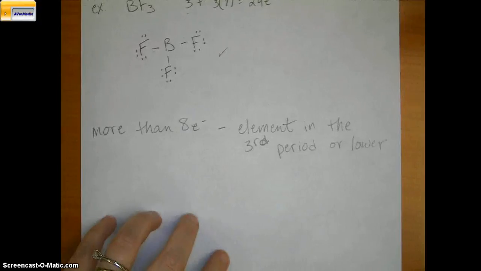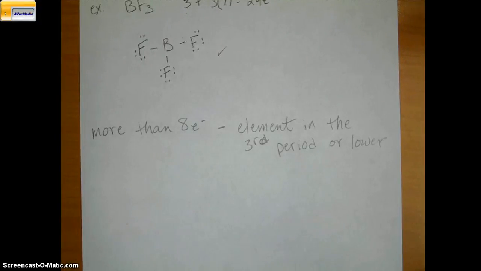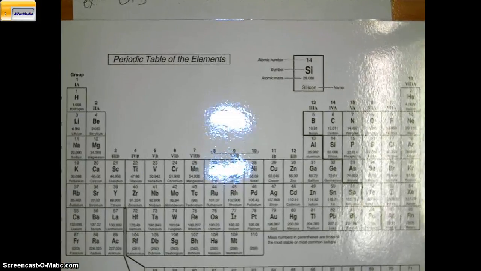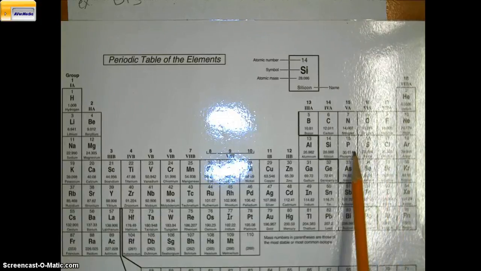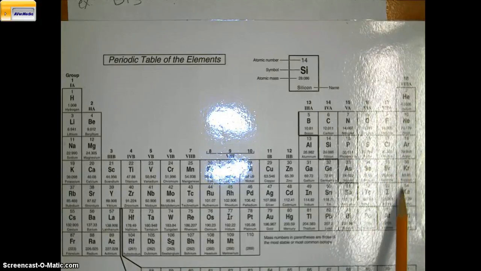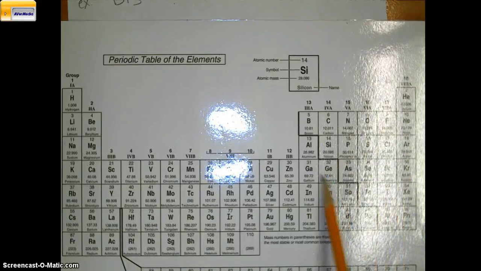So these elements can have more than 8. They don't want to if they don't have to, but they can if they need to, okay? So when we're talking about the 3rd period or lower, looking at our periodic table, so we're talking about this period right here, so phosphorus, sulfur, and then any of those nonmetals below the 3rd period, they can have more than 8 if they need to.